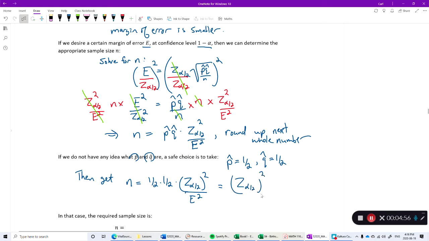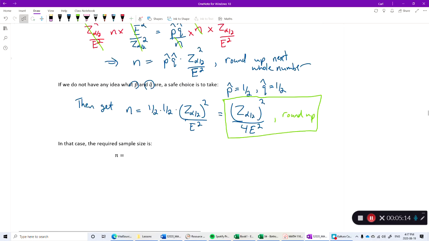The half times a half is 1/4, so I'll put the 4 down here. Then we round up. So this is the formula when we don't know p hat or q hat.